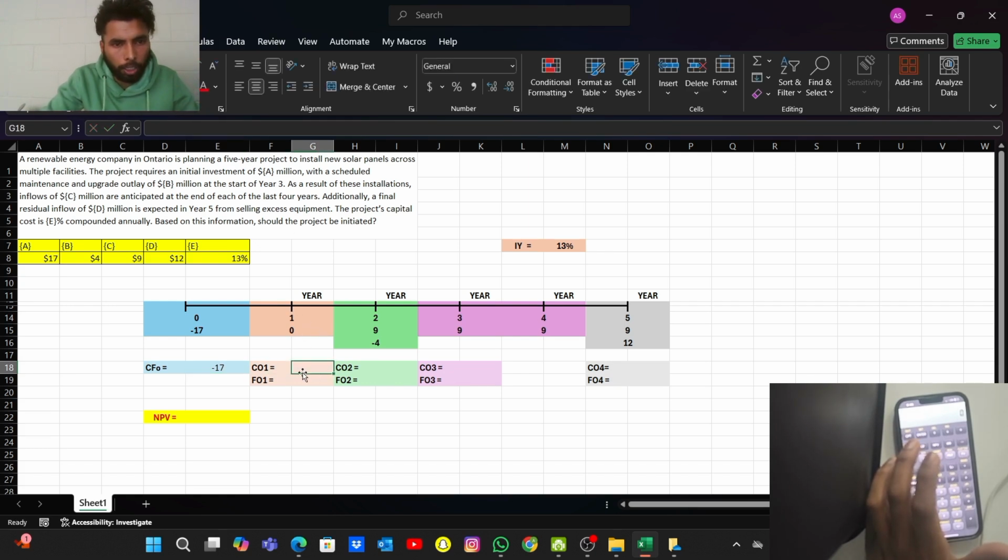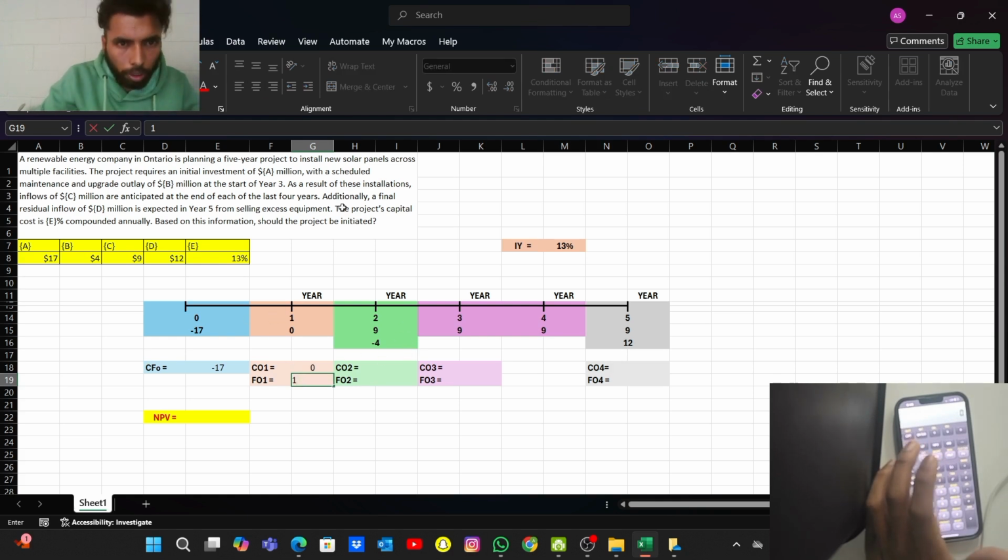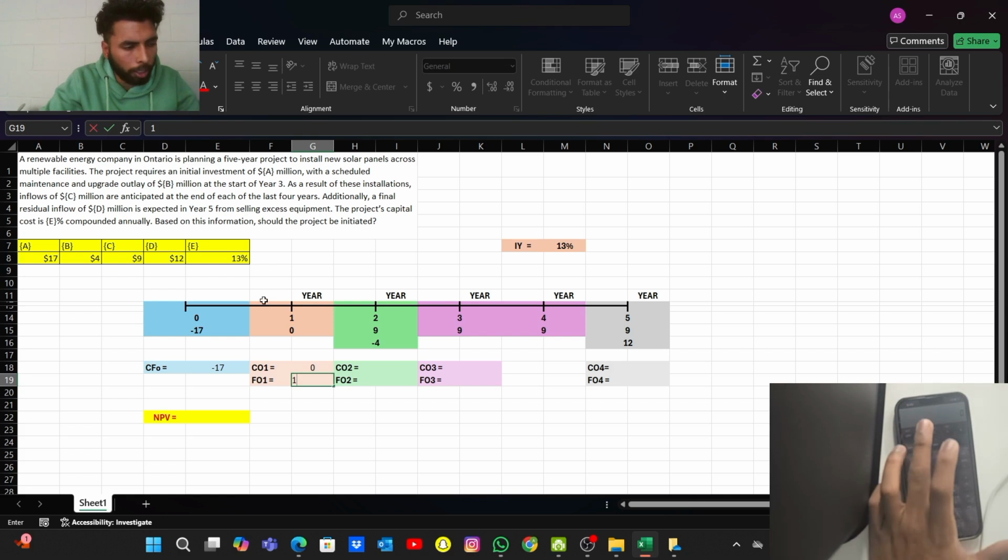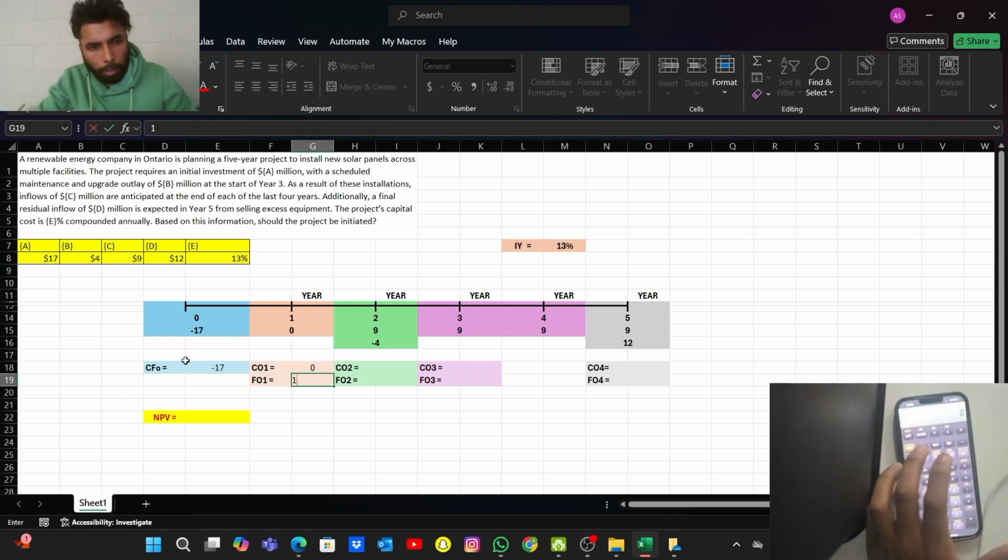So just enter 0 for CO1, and the frequency of that 0 is also 1, because it is only for the second year. For the third year there is also one outlay and one inflow of 9 million, the result of the installation from the very beginning.